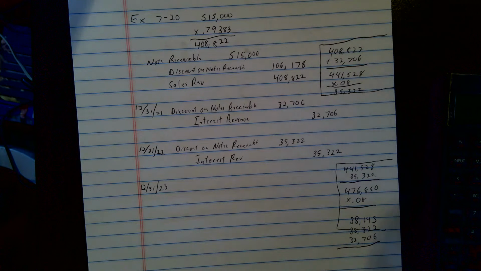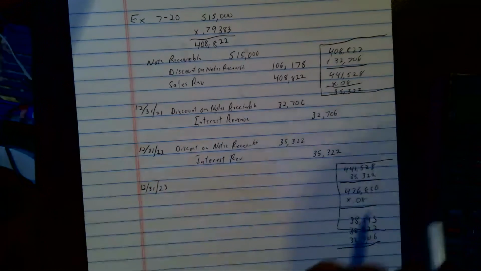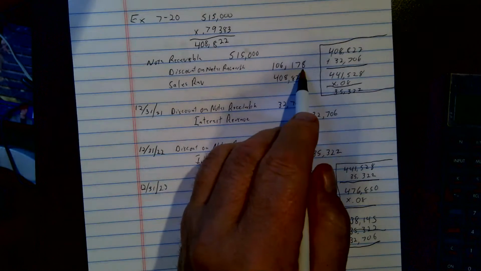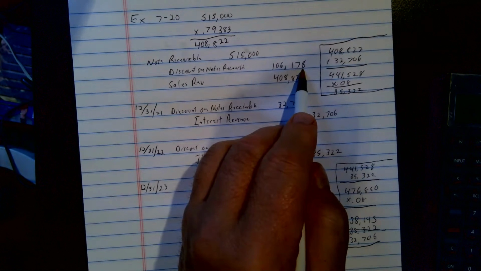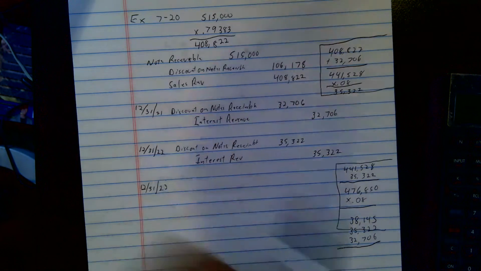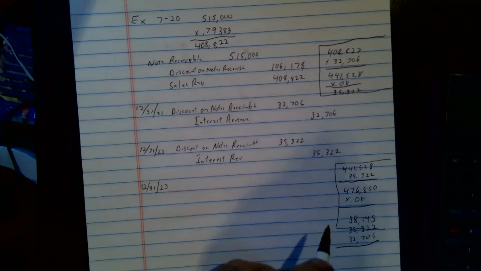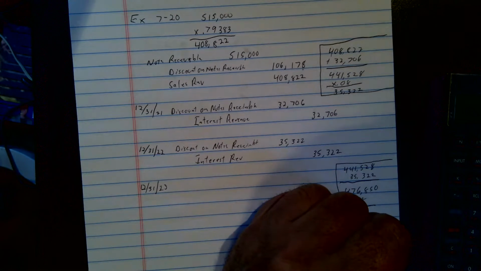Add that all up, and I come up with 106,176, and my number is 178. So we've got a slight rounding error there, a $2 rounding error.